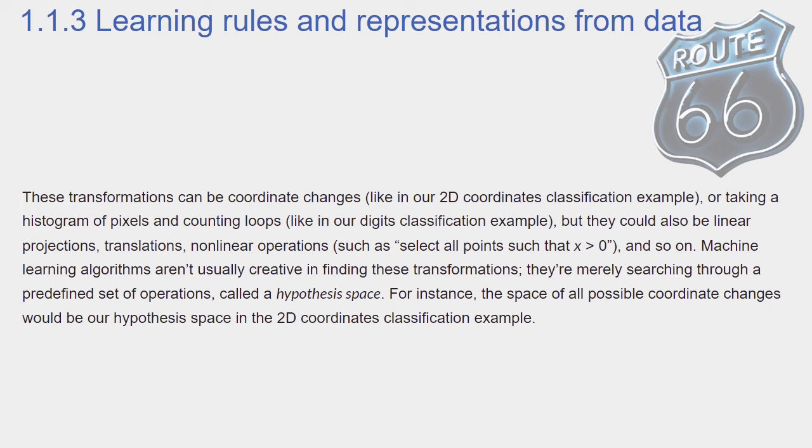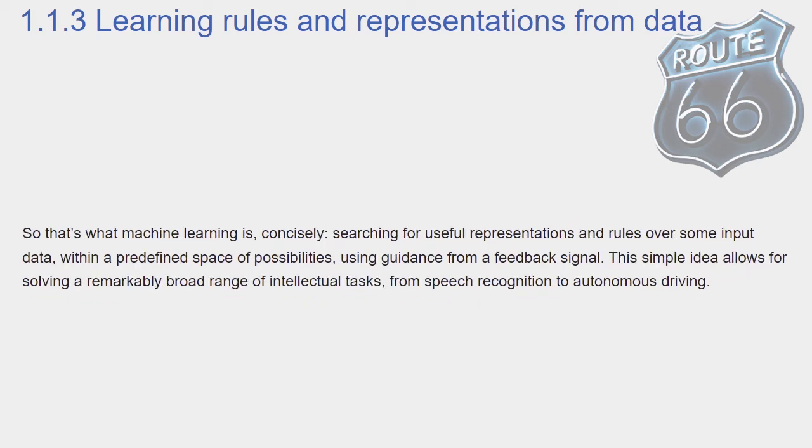Machine learning algorithms aren't usually creative in finding these transformations. They're merely searching through a predefined set of operations called a hypothesis space. For instance, the space of all possible coordinate changes would be our hypothesis space in the 2D coordinates classification example.